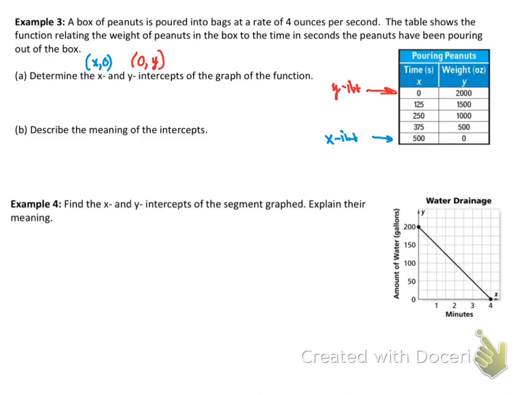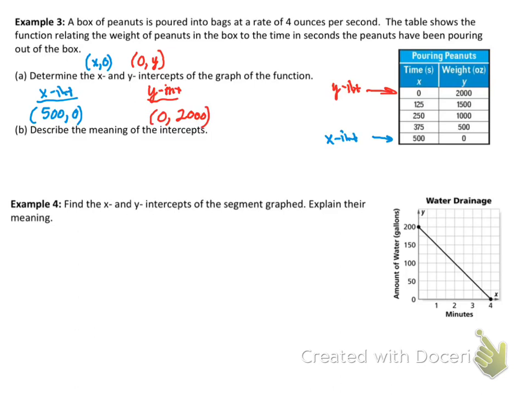Okay? So the coordinates for the x-intercept are going to be 500, 0. And the coordinates for the y-intercept are going to be 0, 2,000. So what do these mean?